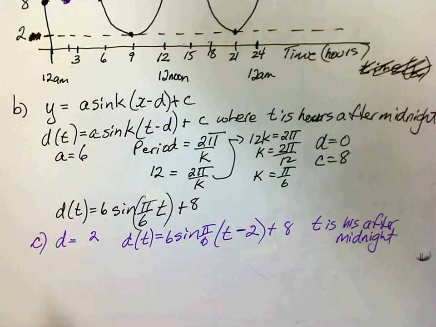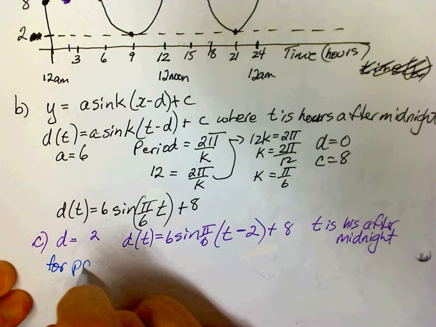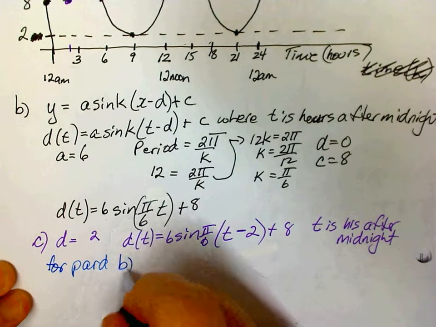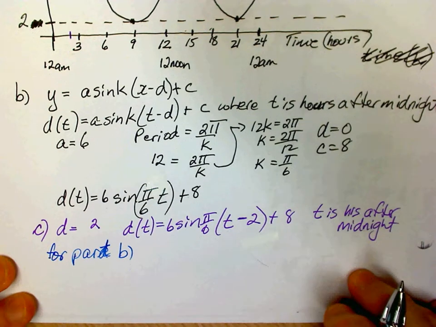Now just a little extra for part B. What would be the cosine function?